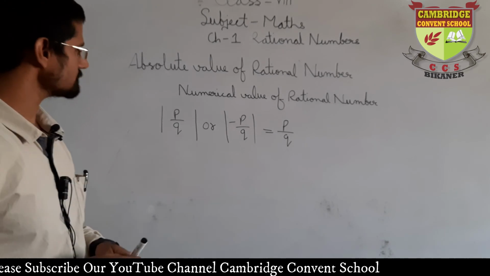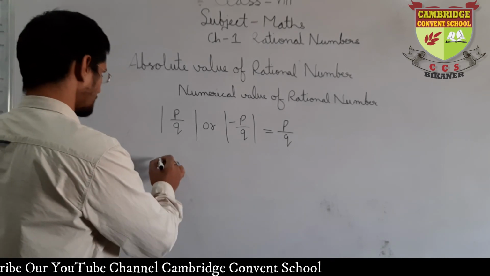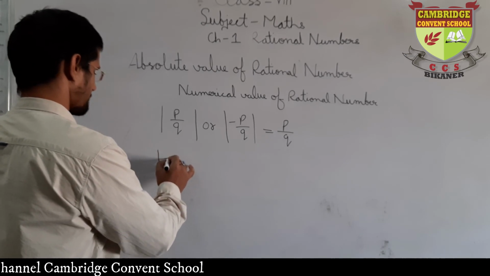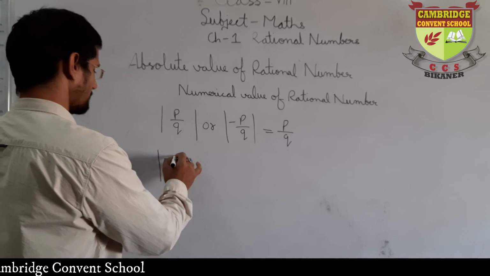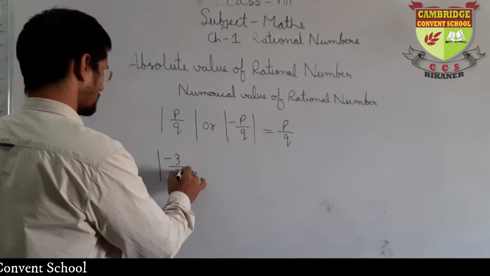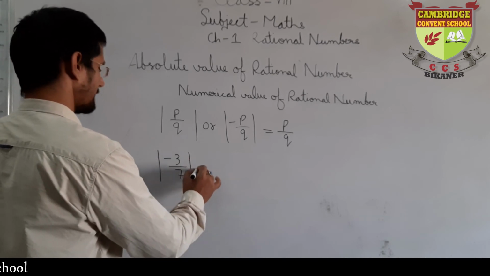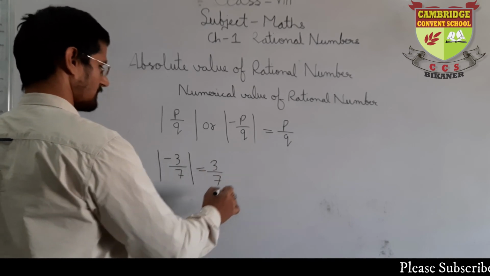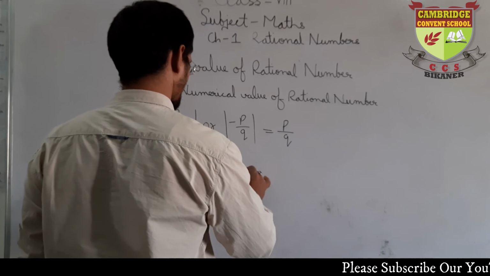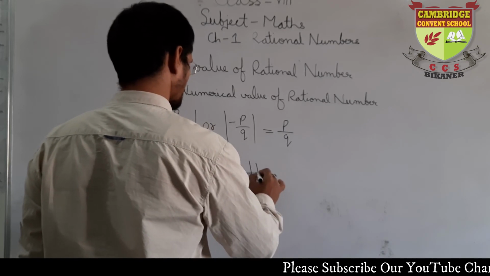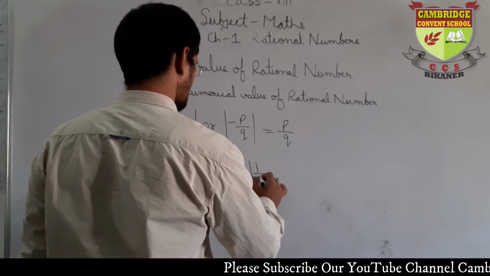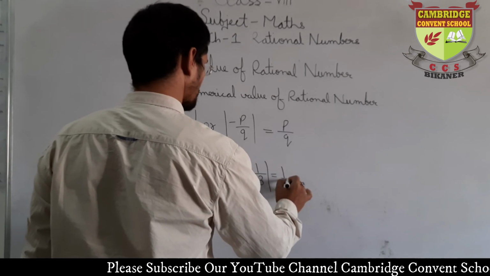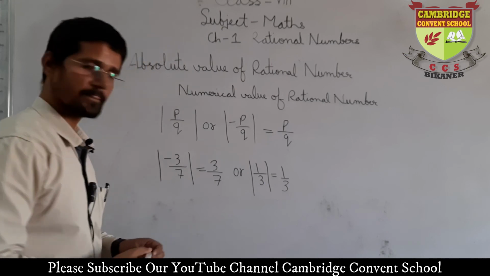If we have to find the absolute value of minus 3 upon 7, it is equal to 3 upon 7, or the absolute value of 1 upon 3 is equal to 1 upon 3.